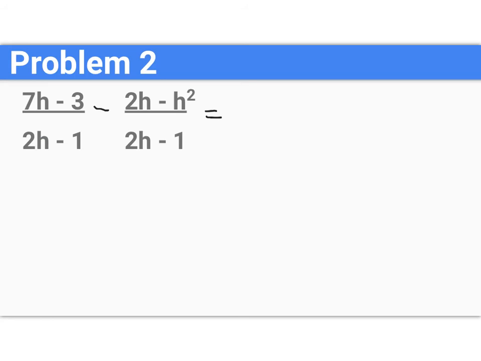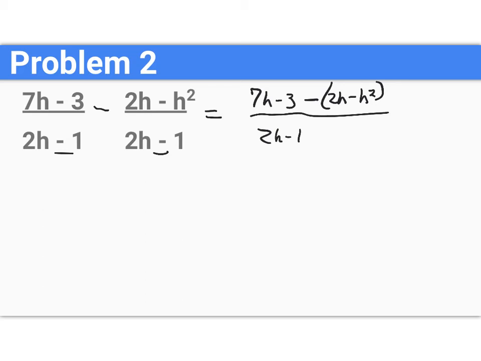Okay, so let's look at our second problem here. We had the same denominator. So this is what we're going to do. We're going to do 7h minus 3 minus 2h minus h squared, all over 2h minus 1. Be careful with subtraction signs.